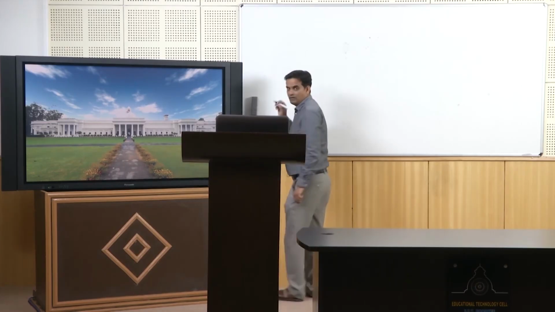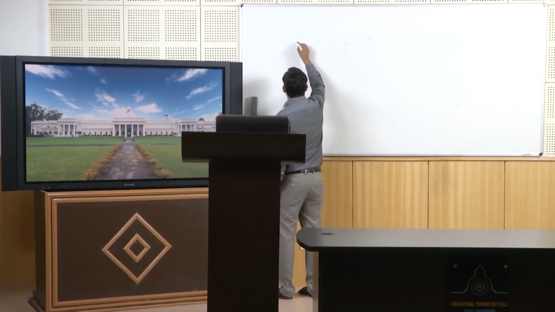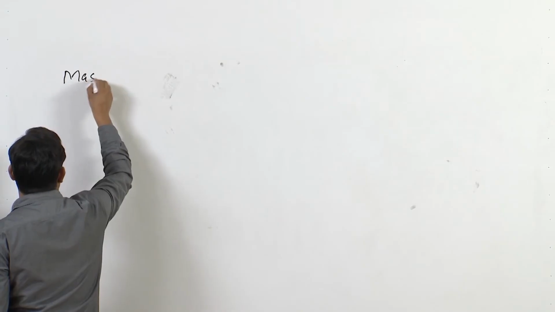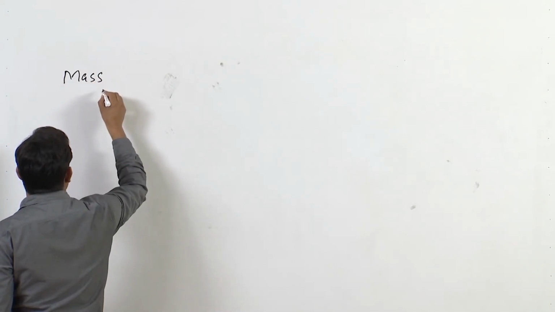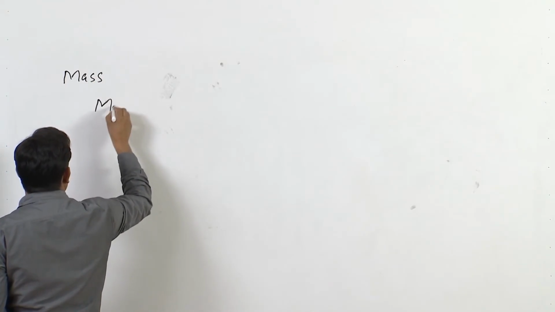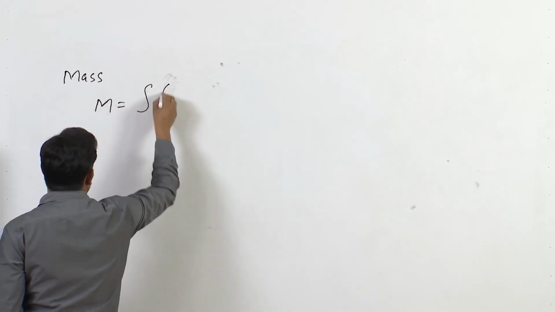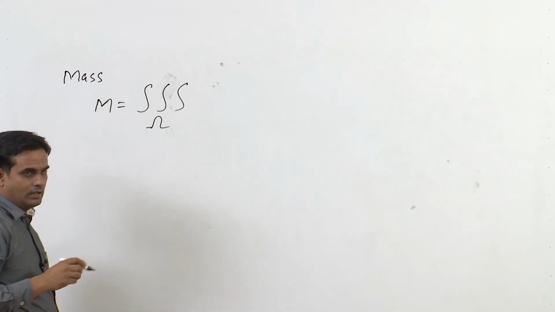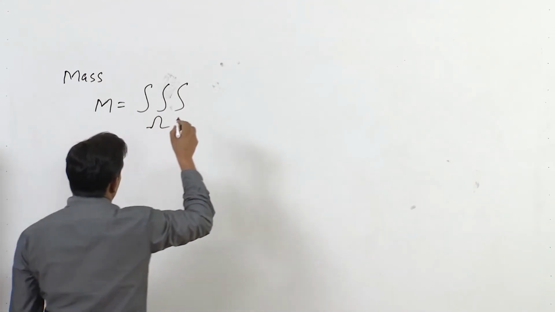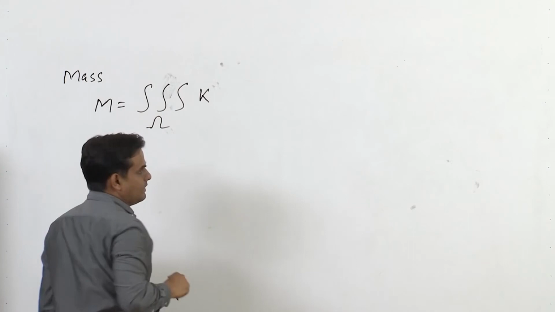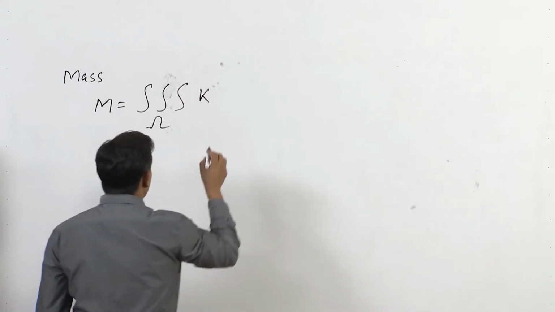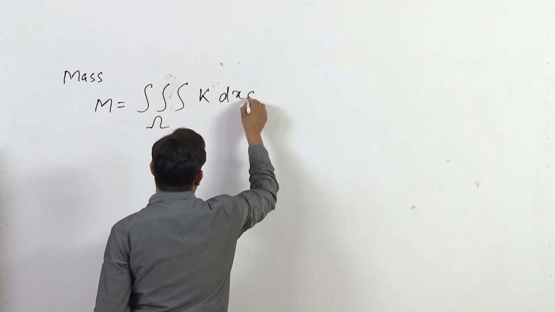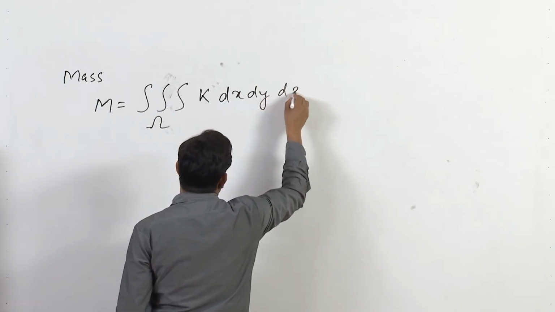So, here I need to find out mass. So, mass will be M equals the triple integral over region omega, density, let us say that is the constant, so I will take k, and then dx dy dz.